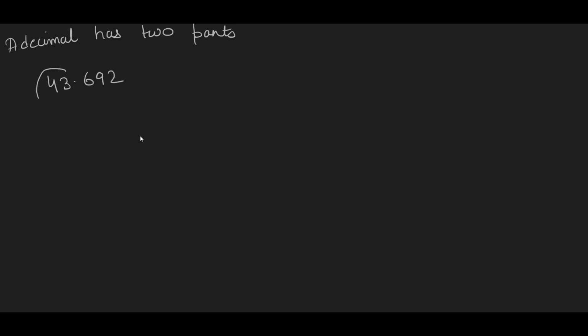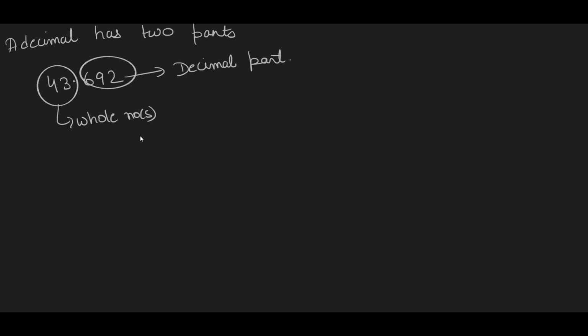So this part before the decimal is your whole number part, and this part after the decimal is called decimal part. So on the right you have decimal part, on the left you have your whole number part. Now the number of digits contained in the decimal part of a decimal gives the number of its decimal places. So here the number is 43.692. So there are 3 digits after decimal.